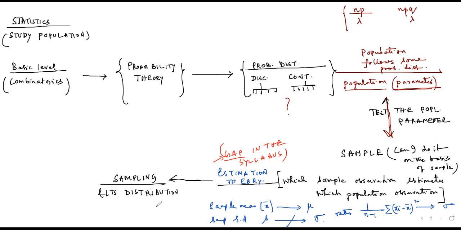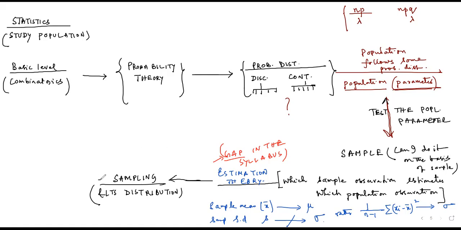We have to know various processes of finding the samples, because there are various processes by which a sample can be found. Purposive sampling is there, random sampling is there, simple random sampling is there, cluster sampling is there, multi-stage sampling is there. Depending upon the physical system and our demand, the appropriate sampling process is chosen.